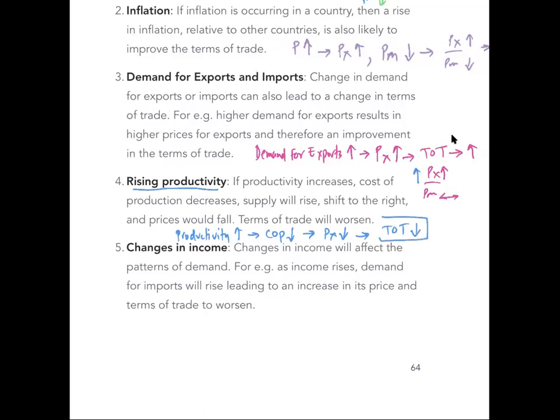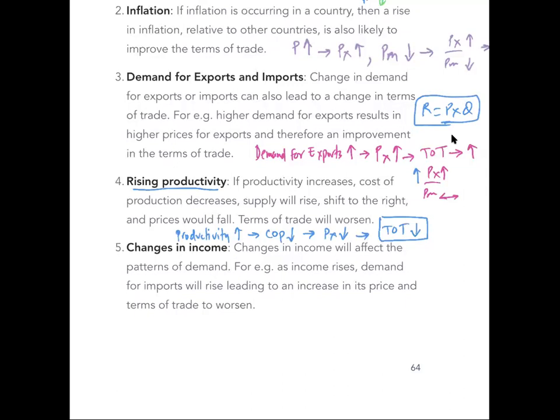So if somebody says, oh my God, terms of trade are going down, is that bad news? I will say not necessarily. Ultimately, what you need to look at is whether the country is making more revenue or not. And revenue is simply price times quantity. So price is not the only variable we look at. We look at price times quantity. That will be an important analysis. But right now, terms of trade is only one-sided analysis because it looks at only the prices.